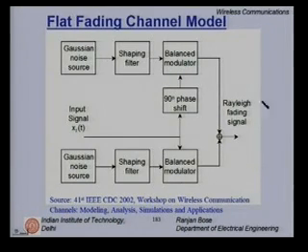Now, suppose we have to generate or synthesize a flat fading channel. We can do so either in software or hardware using something like this. Here we are trying to explain how to generate the Rayleigh fading signal. The Rayleigh fading signal, if you look at the PDF, can be obtained by the square root of the squares of two Gaussian random variables added in quadrature.